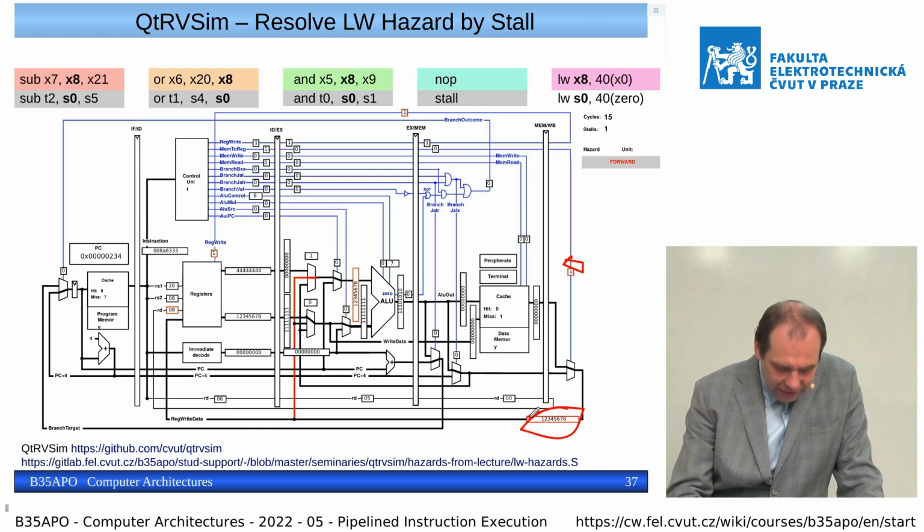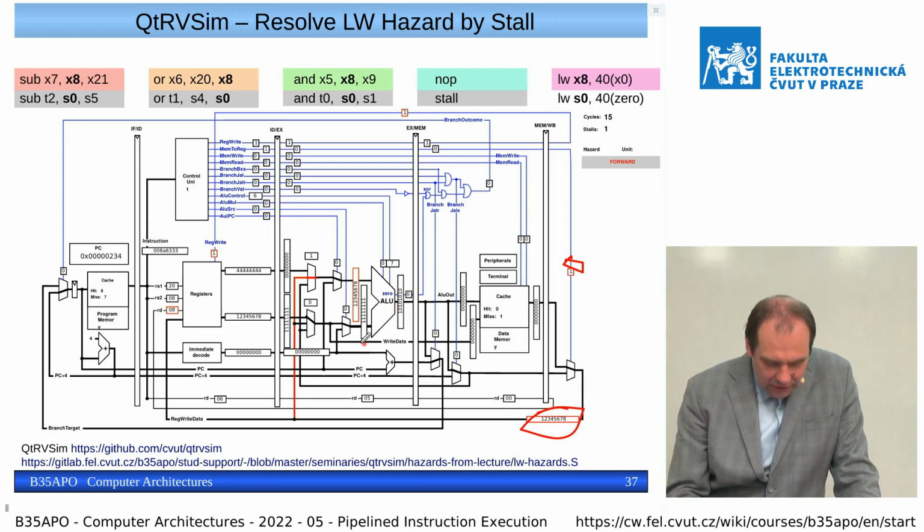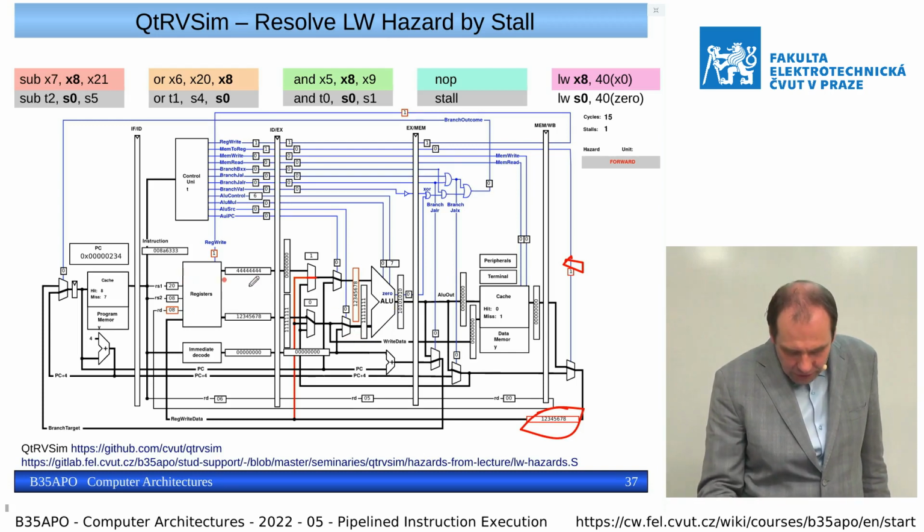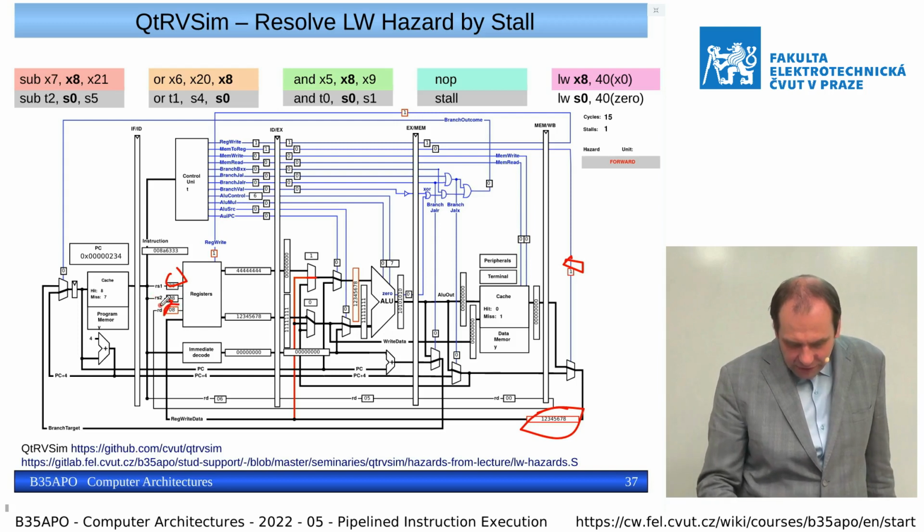We see that we had a need in the previous clock cycle to read the value from register 8 as a first source. There, this one is written, so basically we remember this information.